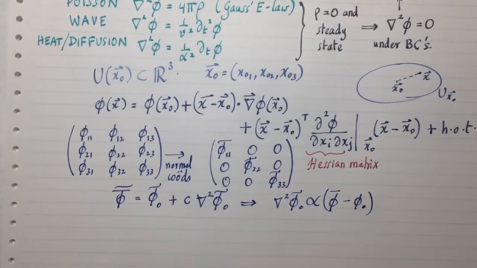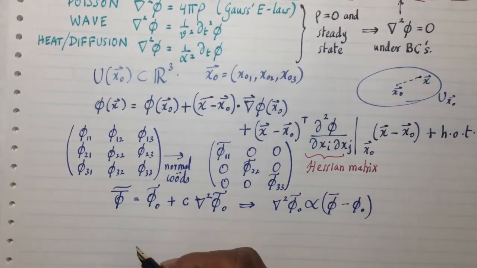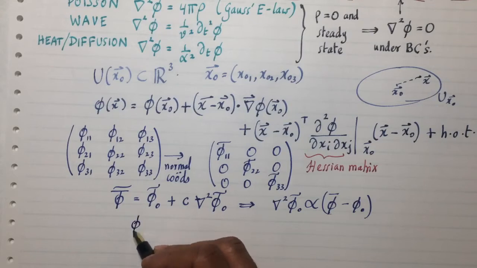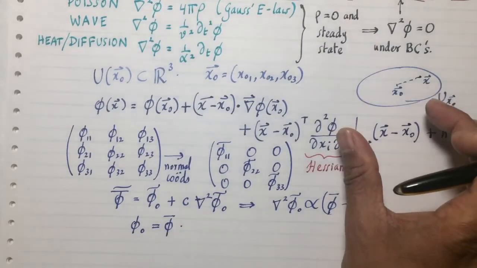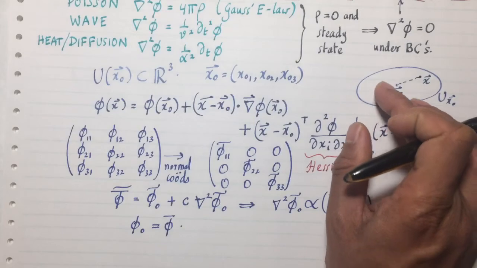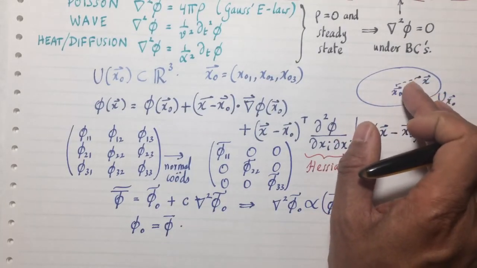So let's think about some consequences. Suppose the function satisfies Laplace's equation. Suppose del squared phi is 0. Then it tells us that the value of the function at any point is equal to the value that's average. So that's an amazing property of the Laplacian. If your function satisfies Laplace's equation and you want to find the value of the function at any point inside a neighborhood, you don't have to.